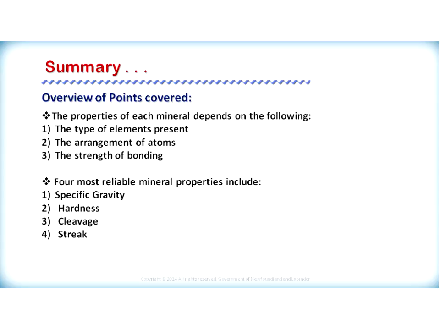So if we look at these mineral properties, the specific gravity, hardness, cleavage, and streak, these are the four most reliable. These are your four most reliable mineral properties that all minerals depend on.